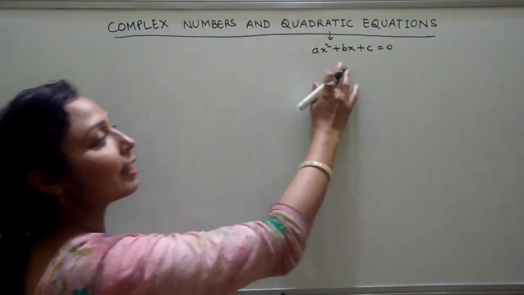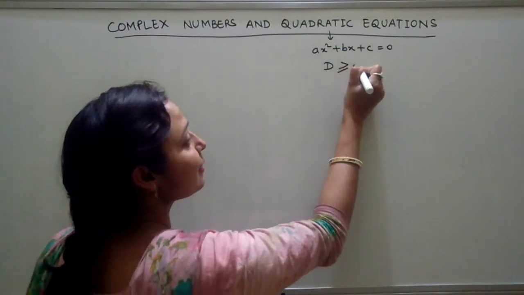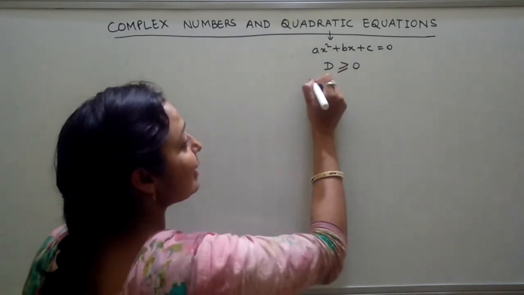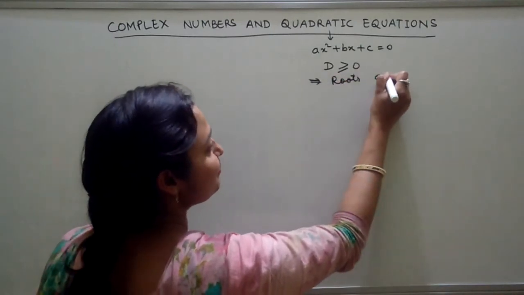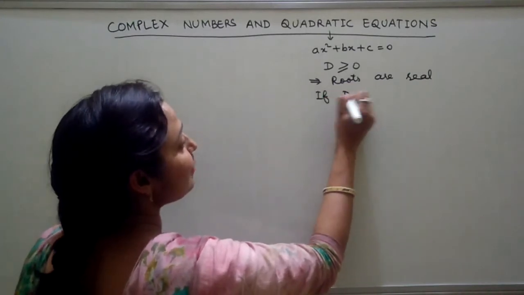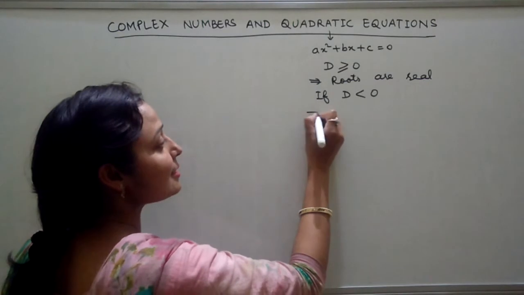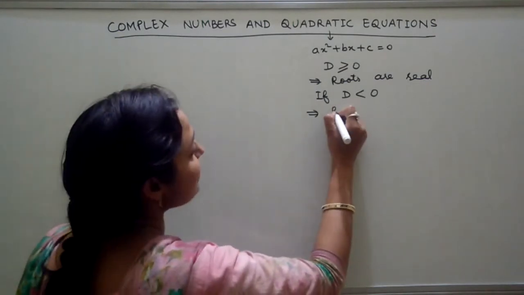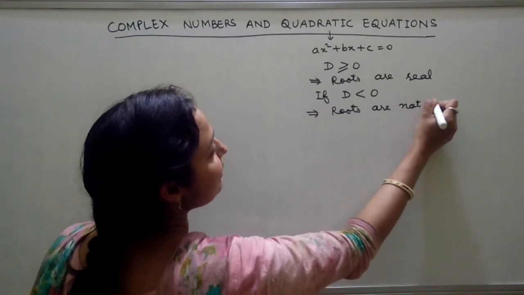You all know that when you find the discriminant of the quadratic, if the discriminant is greater than or equal to 0, the roots are real. If the discriminant is less than 0 in the quadratic equation, the teachers told you that the roots are not real, right?